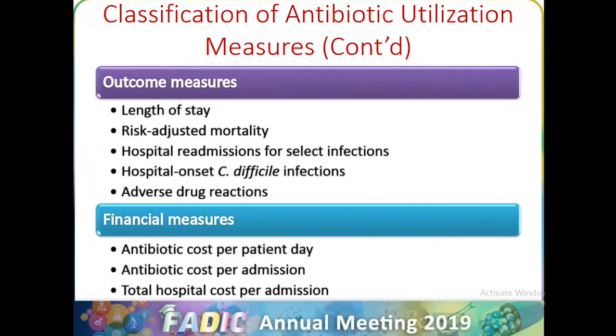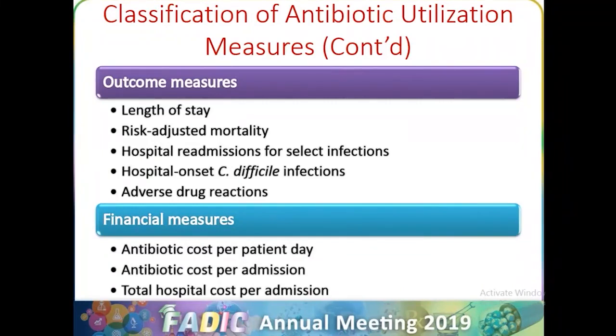These include antibiotic cost per patient day, antibiotic cost per admission, as well as the total hospital cost per admission, because the longer the patient stays in the hospital, the more hospitalization cost accumulates on top of the antibiotic expenditure.